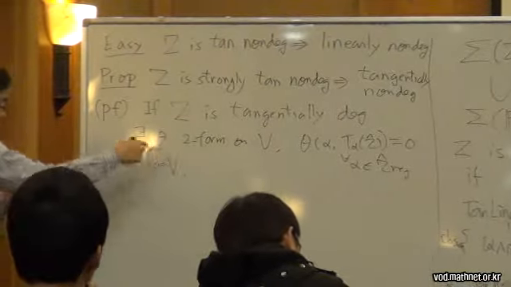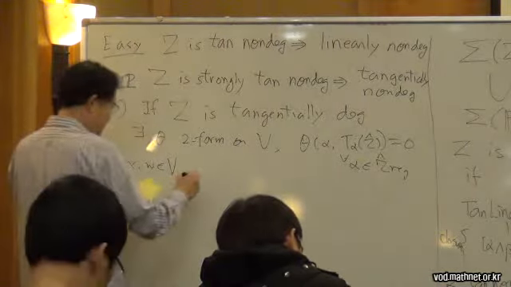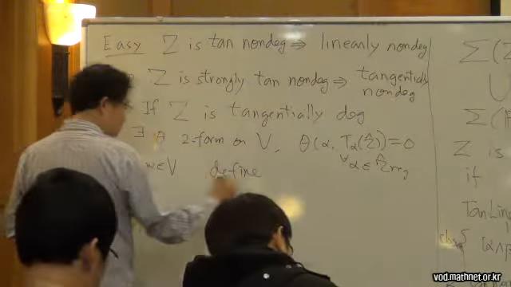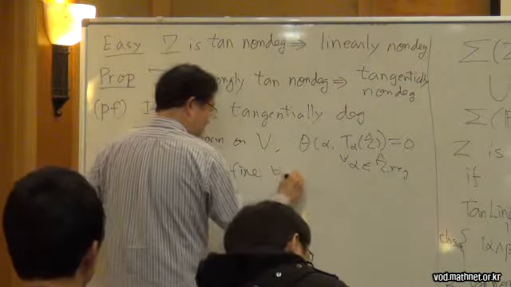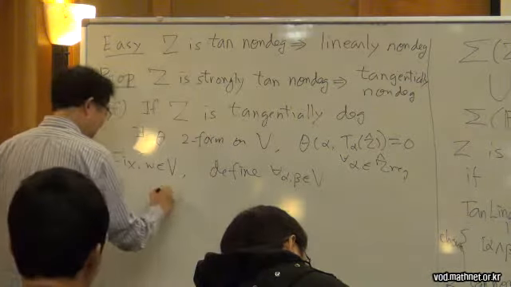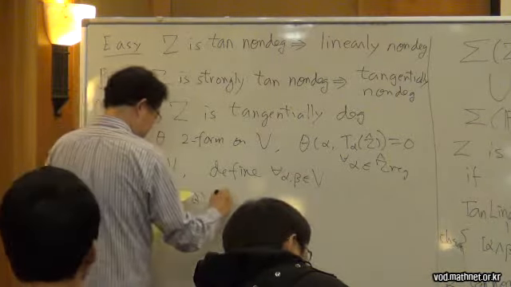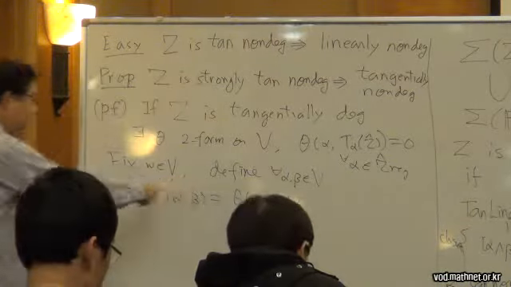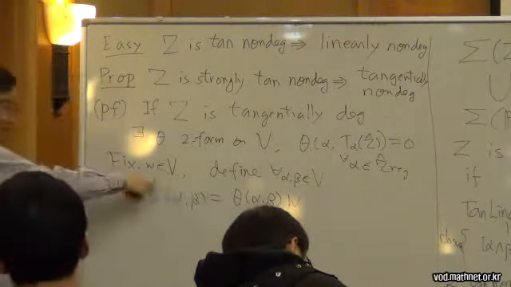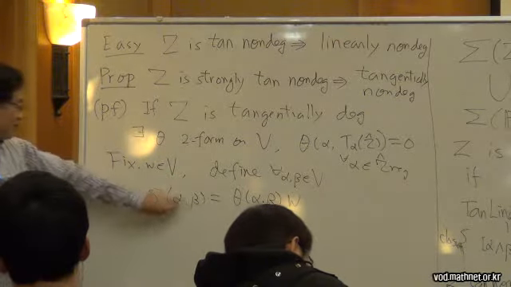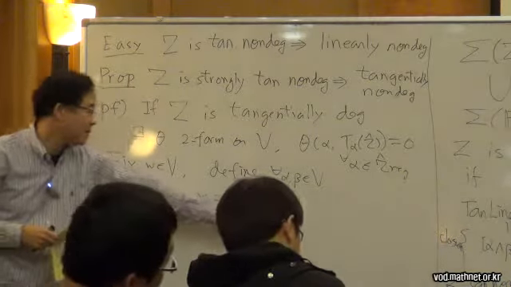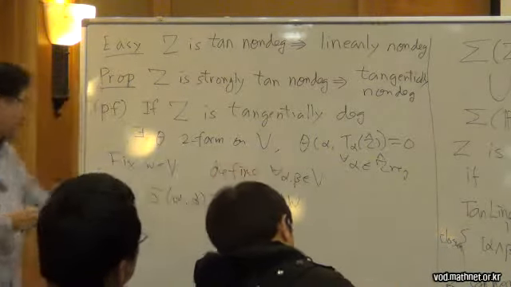Anyway, fix a point in W, and then we define, for all alpha, beta, sigma(alpha, beta) equals theta(alpha, beta) times the fixed W, a multiple of W by this constant.